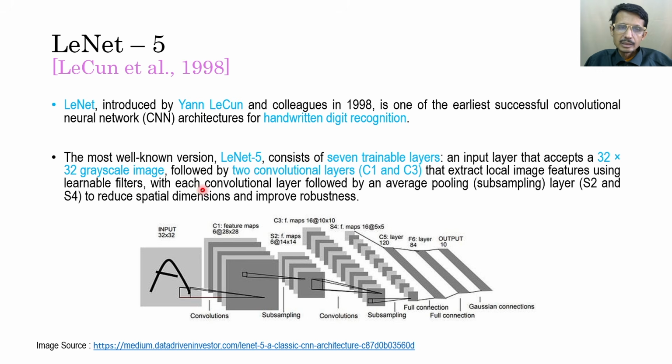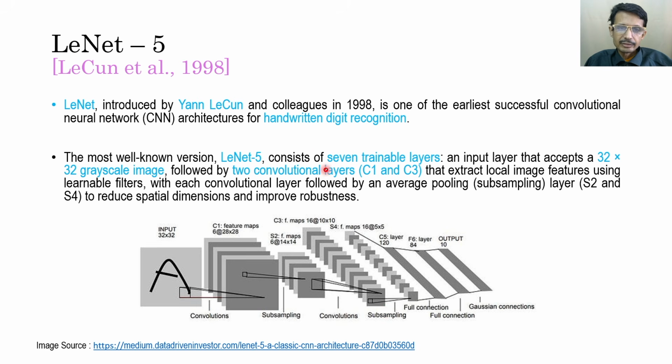And then the other layers come. These convolution layers are followed by average pooling, S2 and S4, in C1, S2 and C3, S4, which reduce the spatial dimension. So that is basically convolution, then subsampling, again convolution, subsampling.